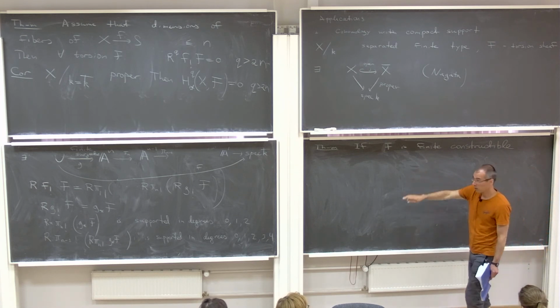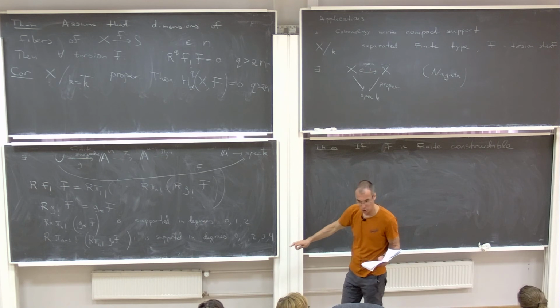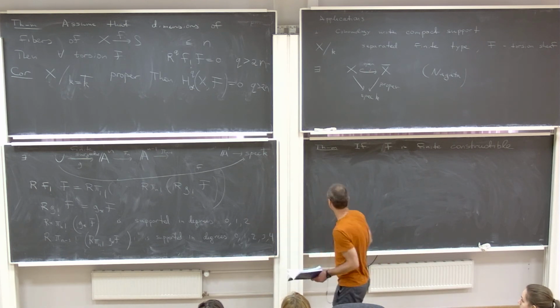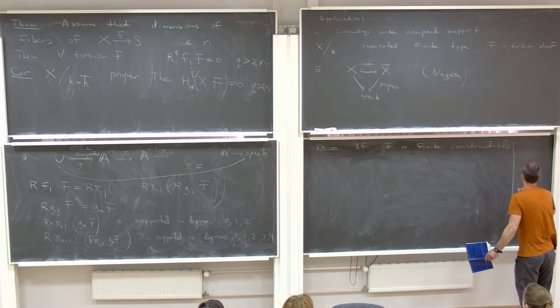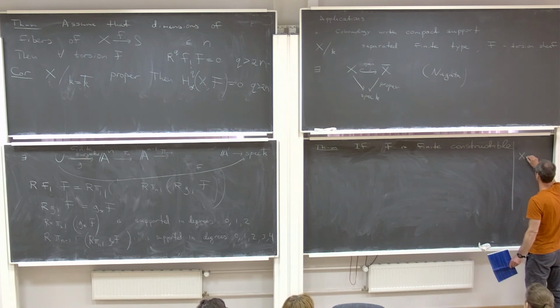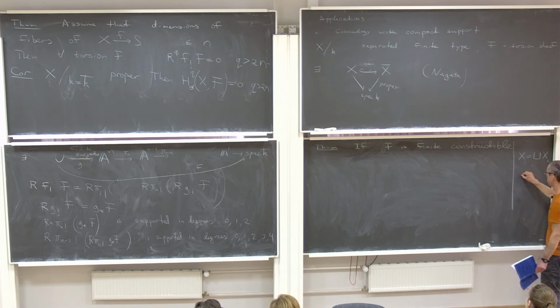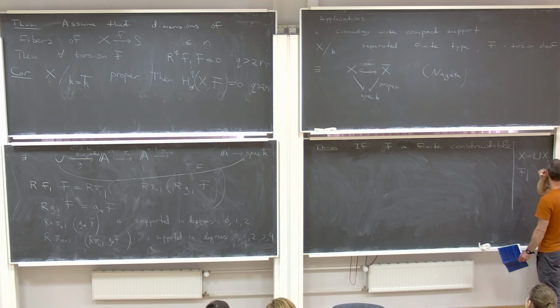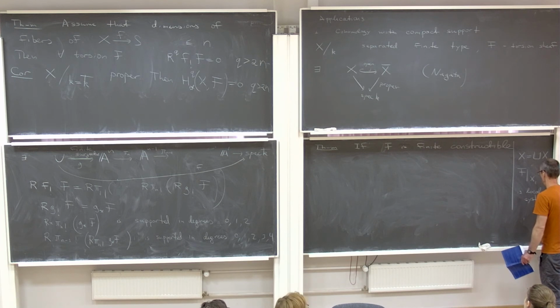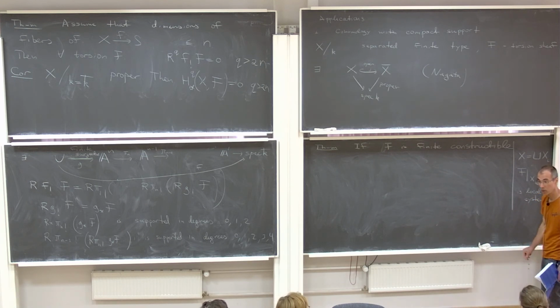It means that there exists a finite stratification, so X is a union of locally closed subsets X_i, such that F restricted to X_i is a local system of finite abelian groups. Right? That's the definition of constructibility.